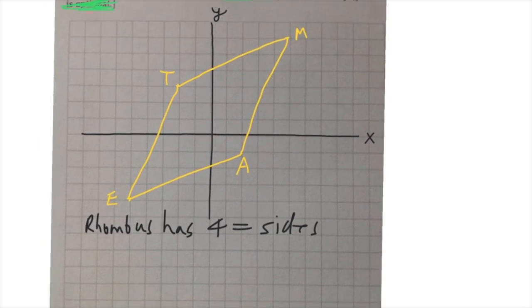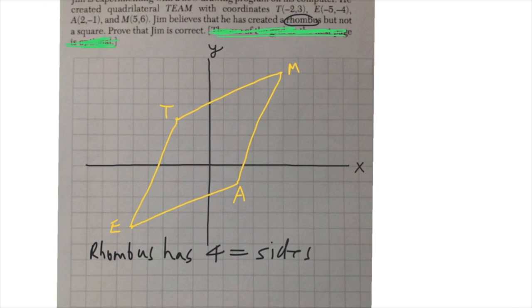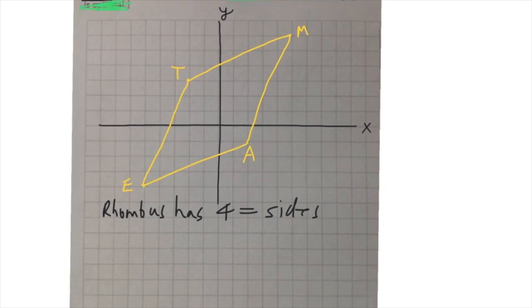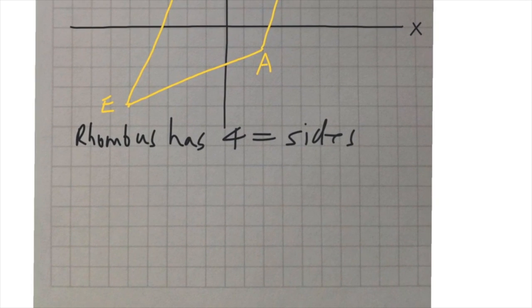Jim also wants to prove that he did not make a square. Well, what does a square have that just an ordinary rhombus does not have? A square has 4 right angles, or just one right angle will make it a square if it's already a rhombus.